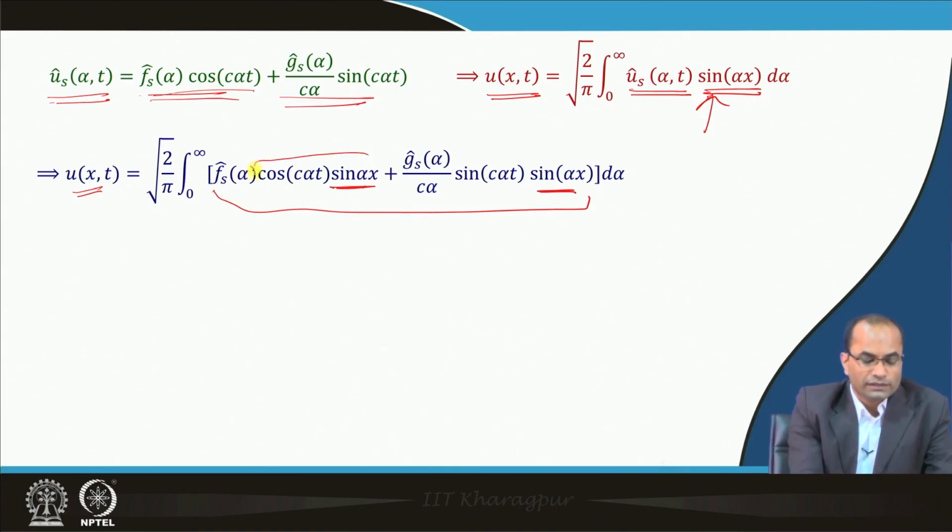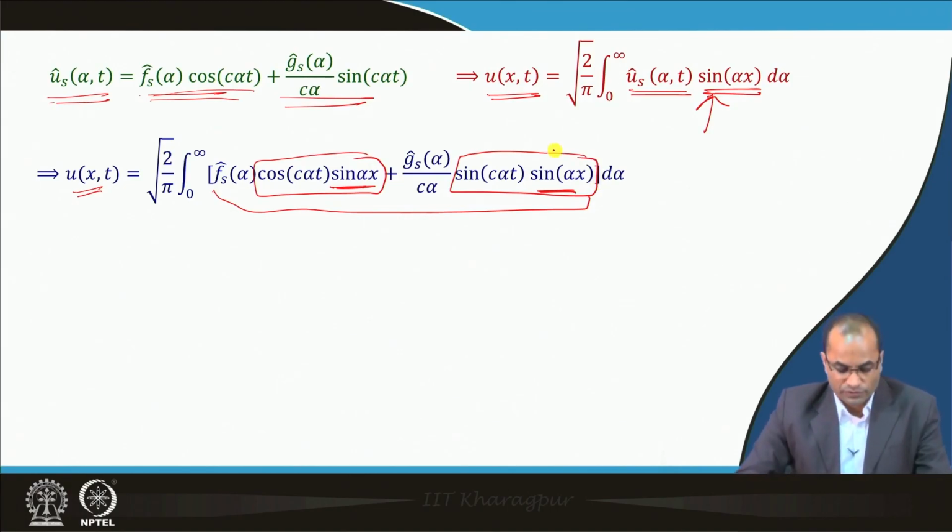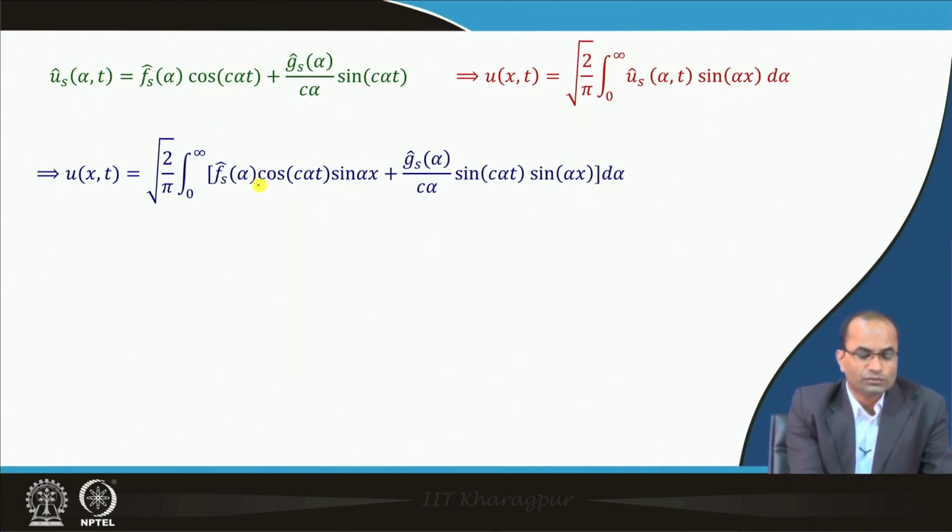So, we got here a cos a sin b type term, and here we got sin a sin b type terms. So, we can make this 2 times cos a sin b, and here 2 times sin a sin b, and then 1 by 2 we can keep outside. So, and then here that again 2 times will be there.